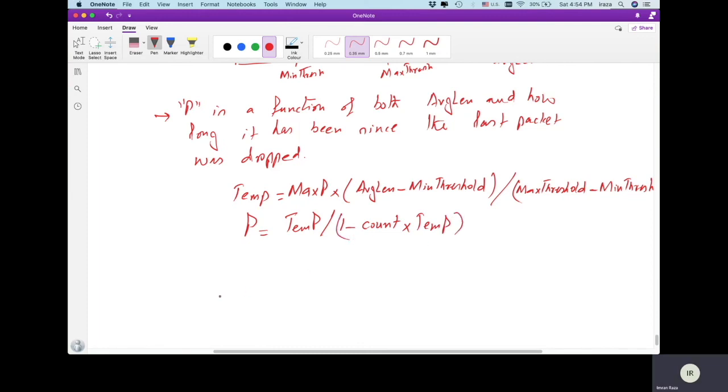Right, so here this temp P is the variable that is plotted on the y-axis in our diagram.